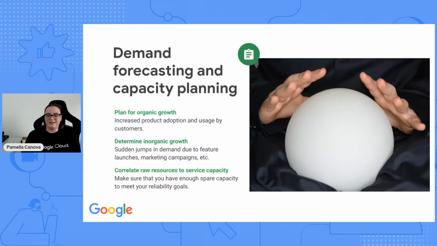We have an estimate and a forecast for both scenarios, so we don't need to react immediately. If we don't plan the capacity for a product and we have a Black Friday or another big event that will increase the capacity, then maybe we won't have the resources to increase it when needed. So it's important to plan these changes in advance and also correlate them with the capacity we have.